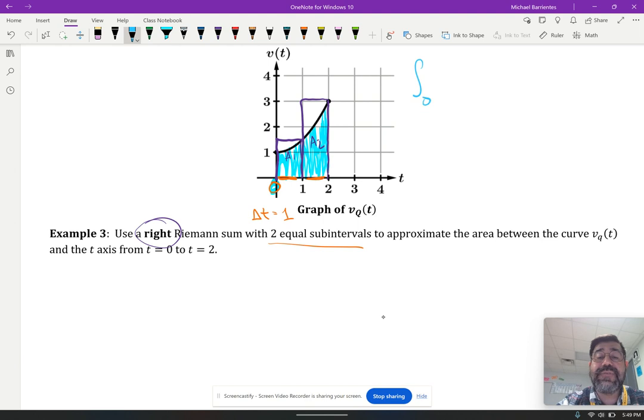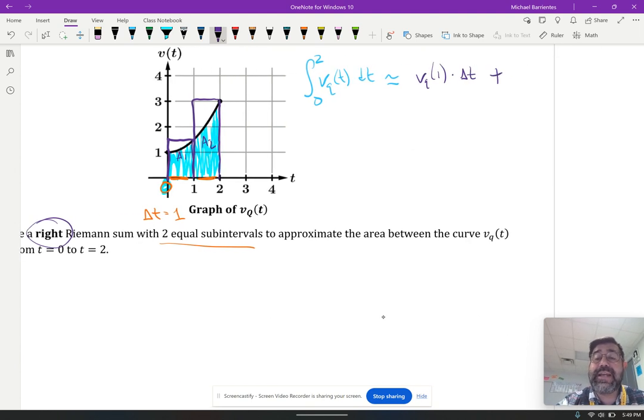We're looking for the integral from 0 to 2 of V(t) dt, and we can approximate that with the area of this first rectangle, which is V(1) times delta t. And then we're going to add V(2) times delta t.